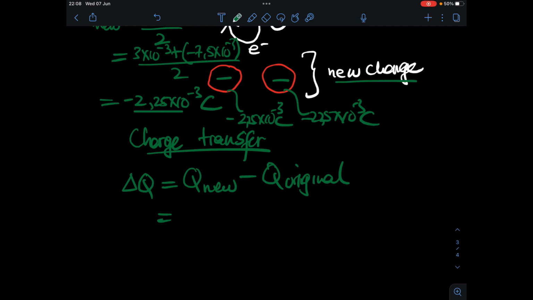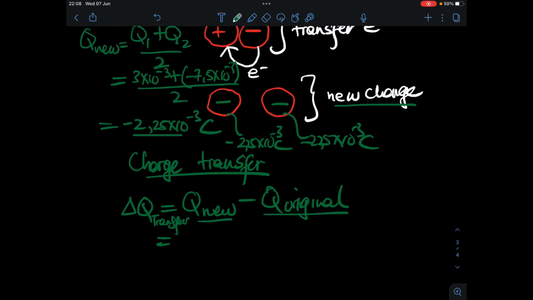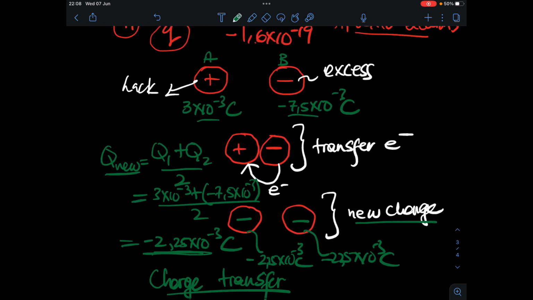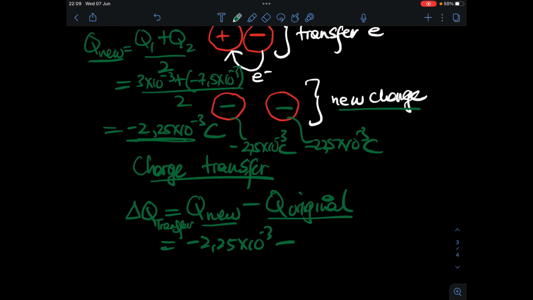When you calculate the charge transfer, you need to have Q new and one of the original charges. Q new is this one, negative 2.25 times 10 to the power negative 3, minus, and when we say original here, we mean any of these. I can take any of these. Let's take the negatively charged one, so it's going to be bracket negative 7.5 times 10 to the power negative 3. So the answer here, we're punching in the calculator.